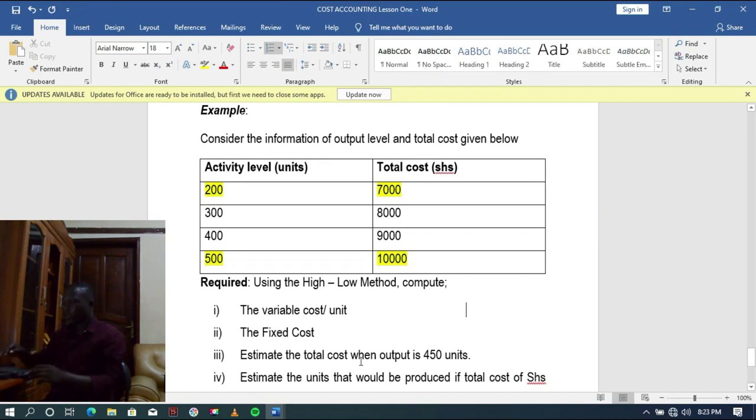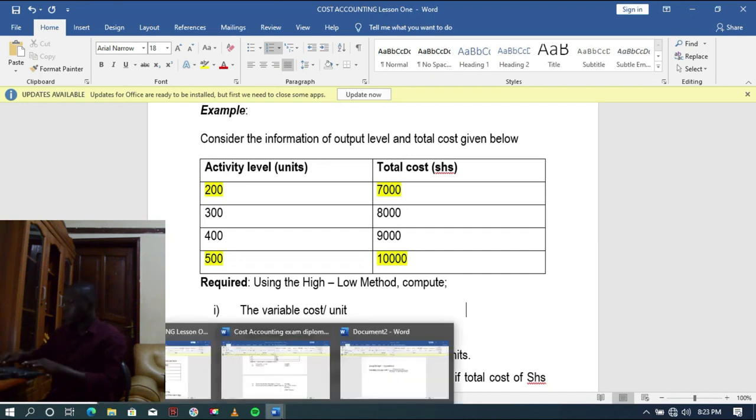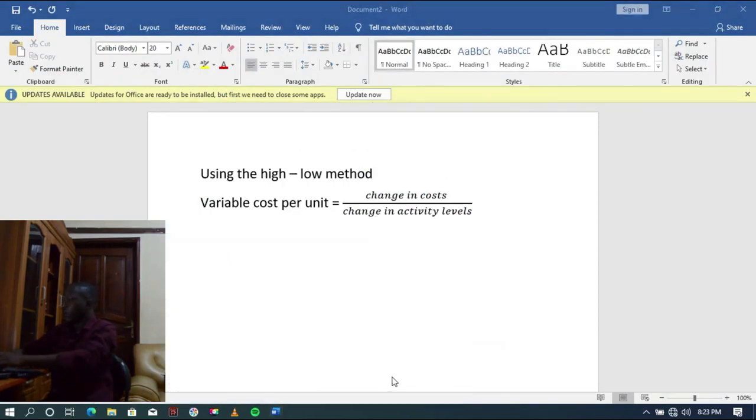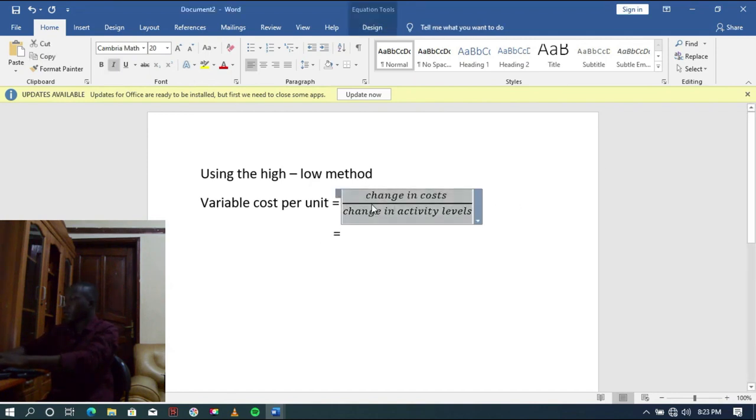So this would result in 10,000 minus 7,000 is 3,000. Then 500 minus 200, that is 300 units.